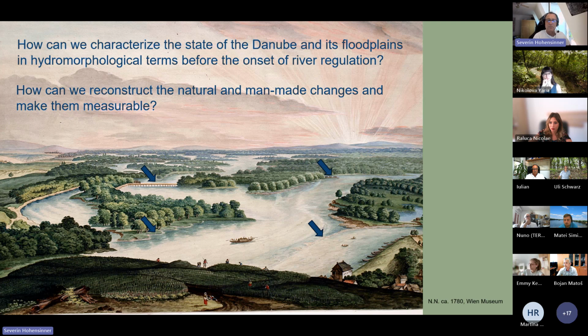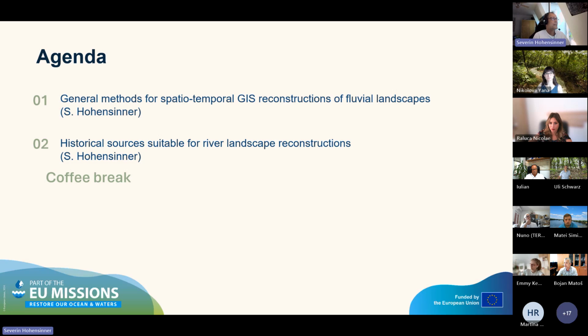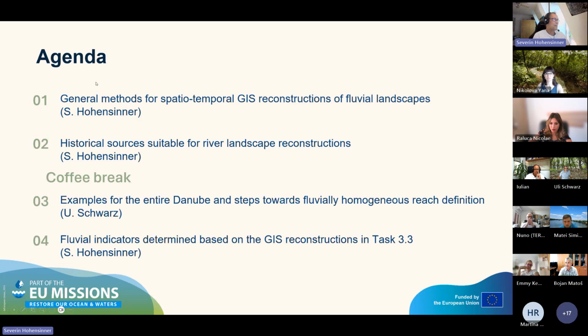Because we do not only want to produce nice images, we also want to extract fluvial metrics, quantified data that we can use.